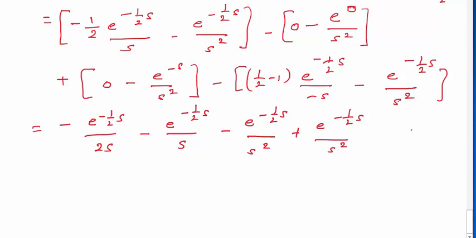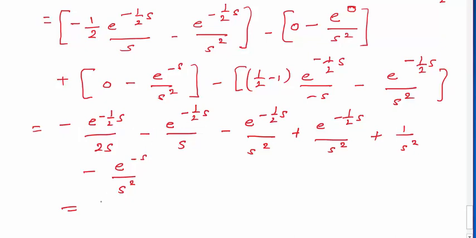Then we have one term called e power 0 minus minus plus, so I will write this 1 upon s square, and then I have one term e raised to minus s, so minus e raised to minus s upon s square. Now this e raised to minus half s upon 2s, and this is e raised to minus half s upon s.